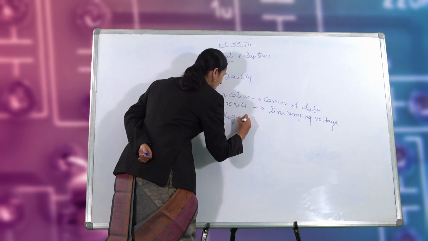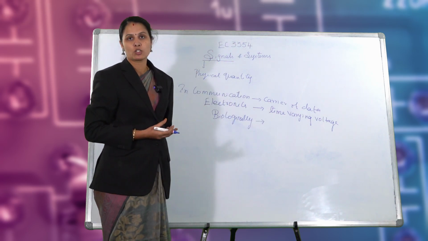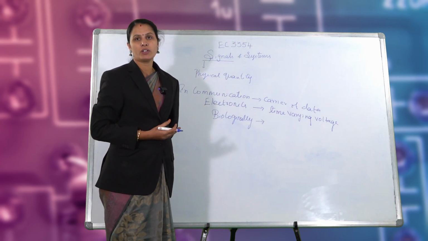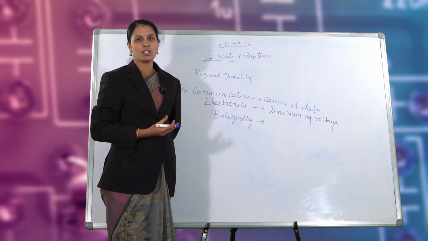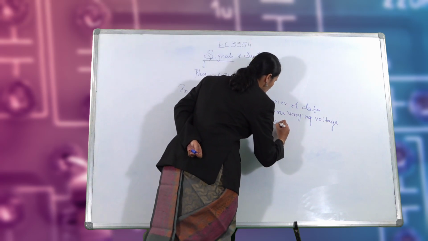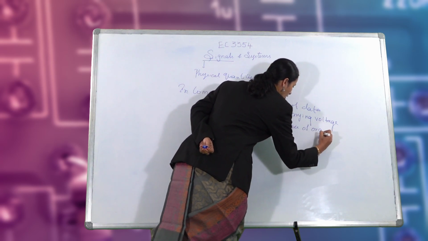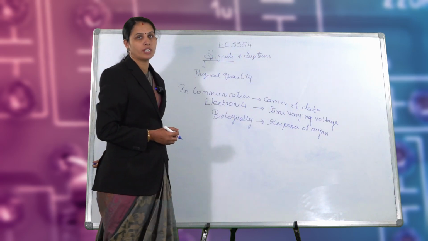When you represent your signal biologically, we can say it is how your organ is responding to the medicine. Even when we are measuring an ECG, EEG, the heartbeat rate, all these are examples of your signal. That's the response of the organ. This is the definition of the signal.